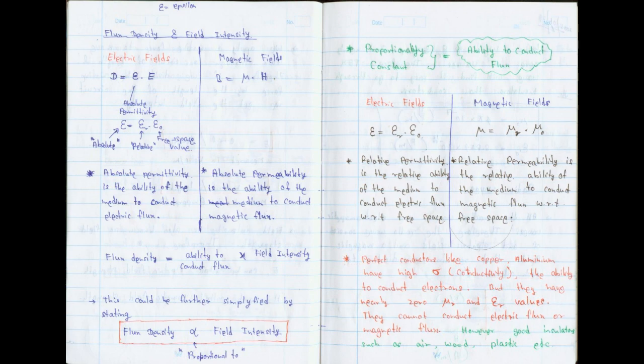By stating flux density is proportional to, we write like that. This is the symbol we use, and we pronounce it as proportional to.